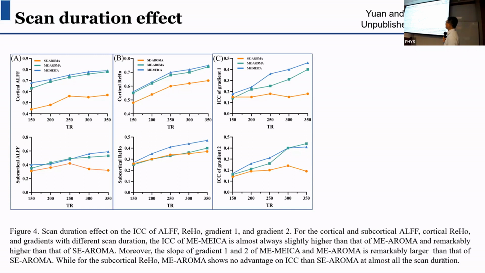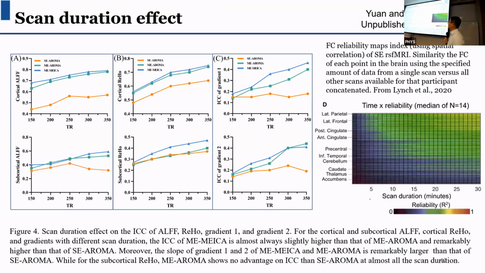But with multi-echo, when you have 350 TRs, which is around 6 or 7 minutes, then you can get a chance to reach 0.5. The ongoing study we are running now is trying to increase the scan length to see if, with this multi-echo acquisition method, we have a chance to reach 0.75.